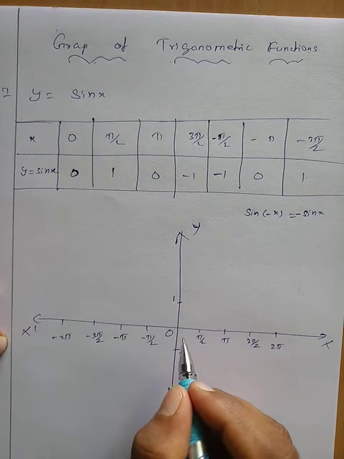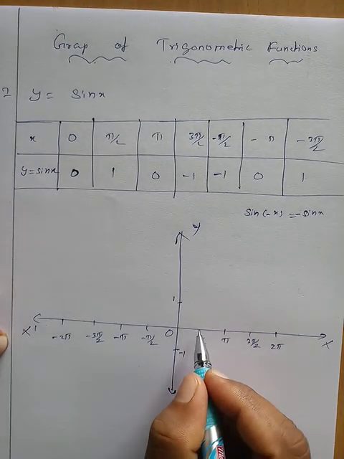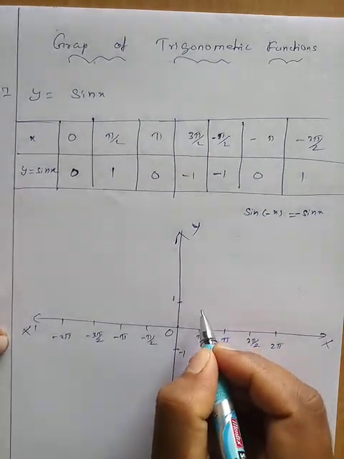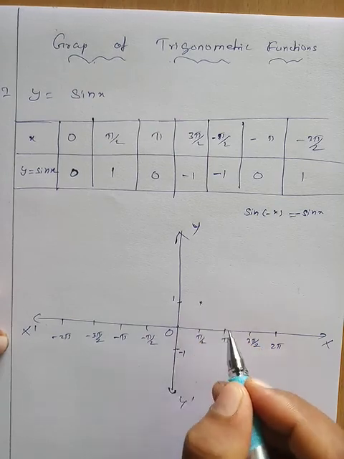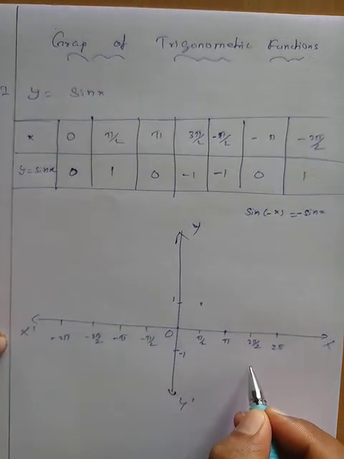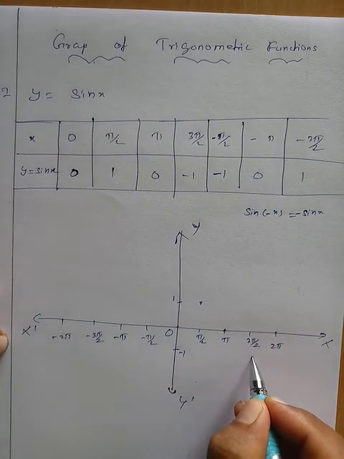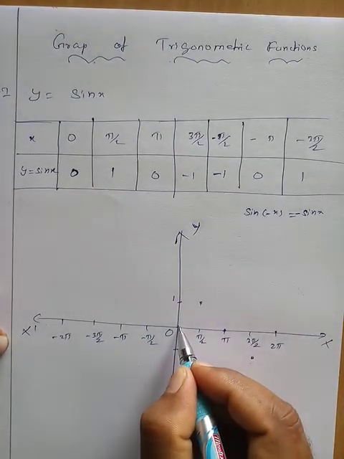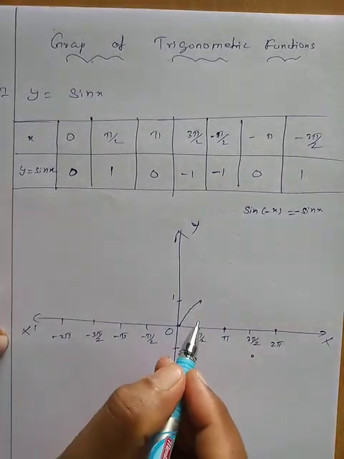First for 0, 0. Pi by 2, 1, this is 1 point. Next point here, next point 0. So join the points in a smooth curve.